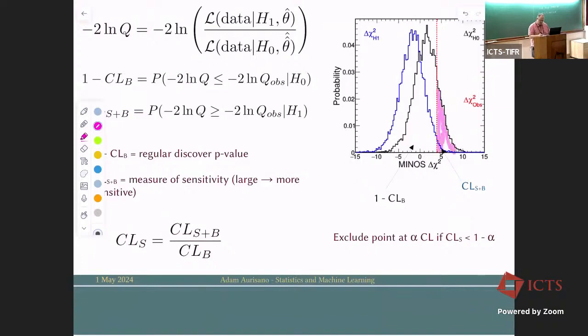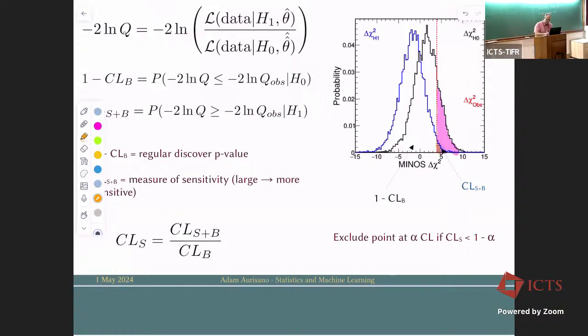So CLb is basically the confidence level p-value if the background-only hypothesis is true, right? And then you compute CLs+b, which is the confidence level of the signal plus background hypothesis. And that's this bit right here. Let me pick a different color that shows up a little bit better.